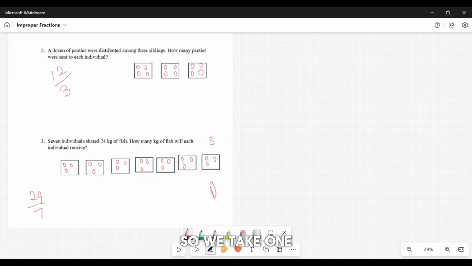We take 1 and divide it into 7 equal portions. We'll take the fish one after the other and divide it into 7 equal portions. Then we keep going round.